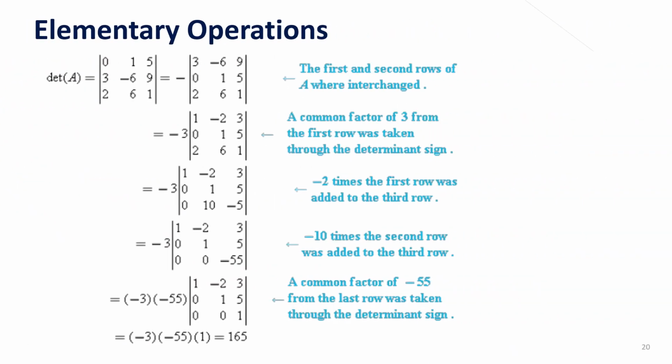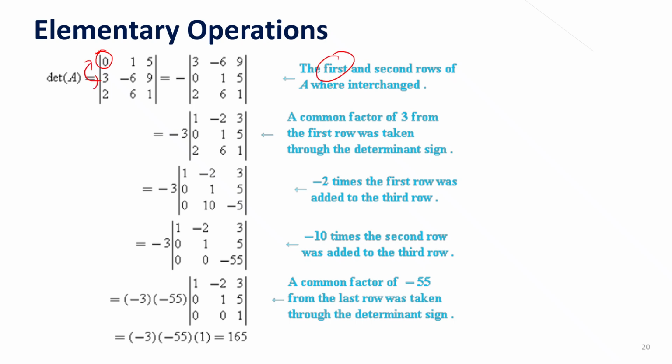First, let's recall a little bit about elementary row operations. First thing first, we want the leading one to be here. In this case we don't have it yet, so we can interchange rows.